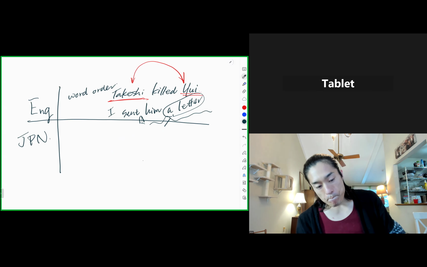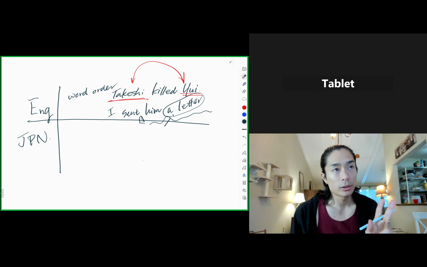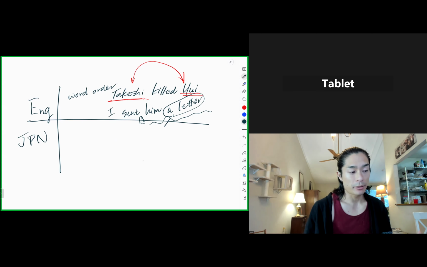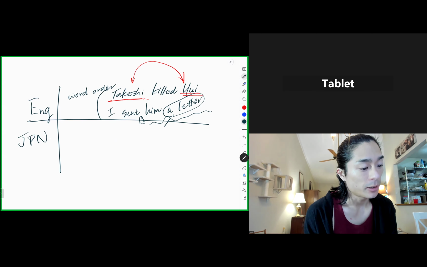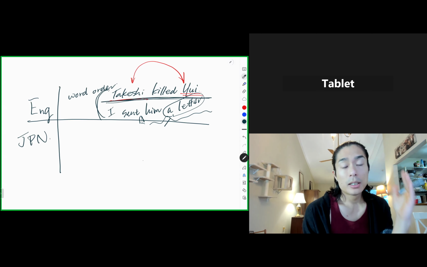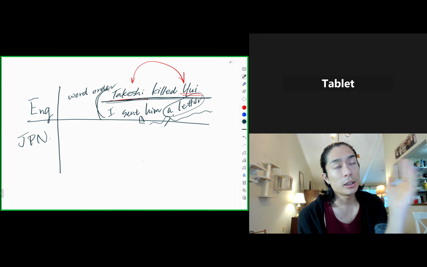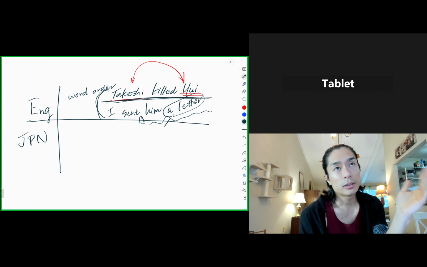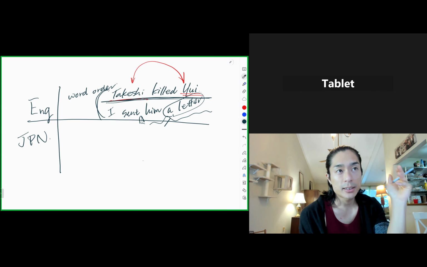English word order really matters, right? In Japanese, as long as we keep two rules, word order doesn't matter. What I mean is, like these two sentences: Takeshi killed Yui. It is okay in Japanese to say Takeshi killed Yui, Yui killed Takeshi, and still mean the same thing.